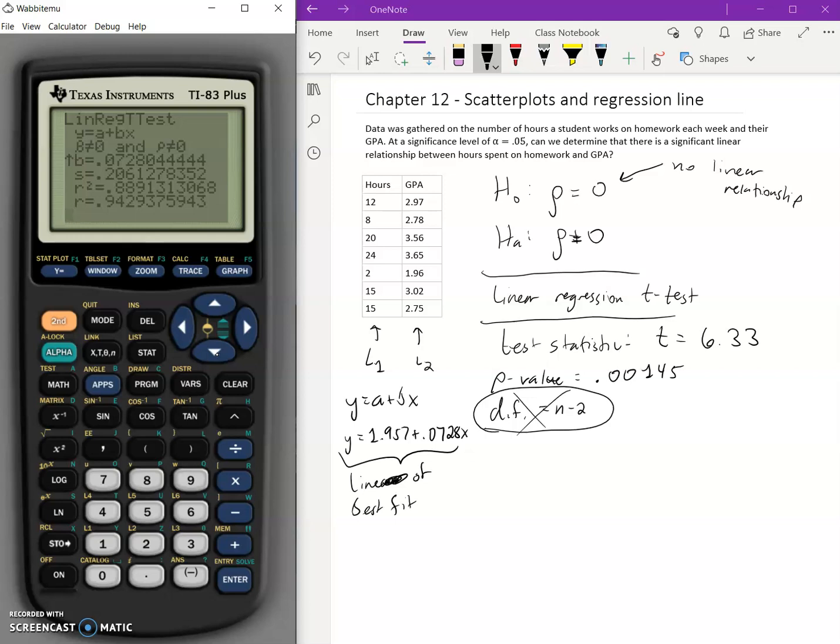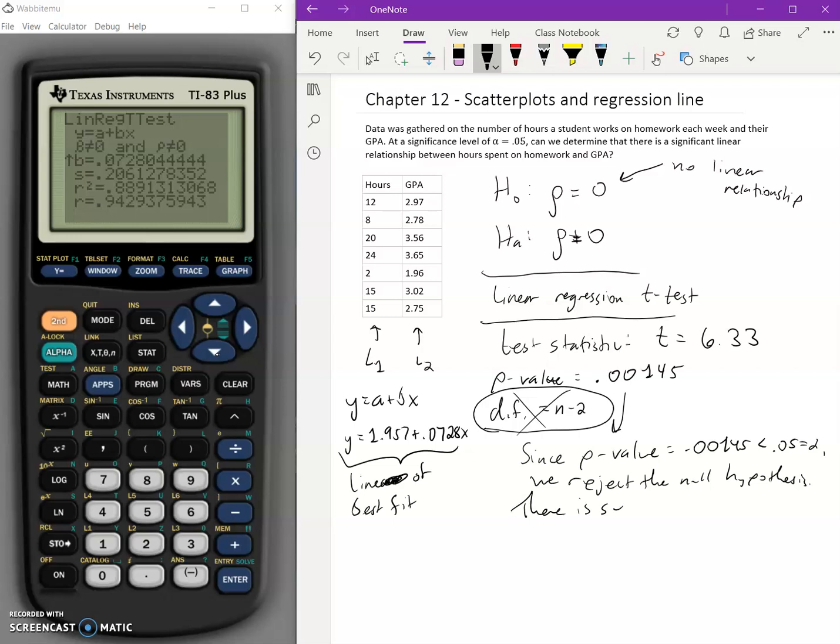So as normal for our hypothesis testing, we have to finish off by comparing this to alpha. So since our p-value, which is equal to 0.00145, is now a lot less than 0.05, which is alpha, we reject the null hypothesis. So we reject the null hypothesis.